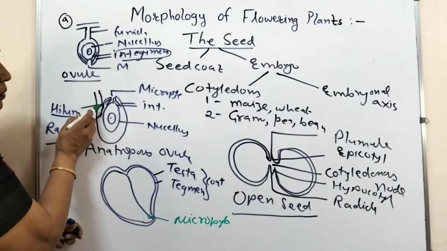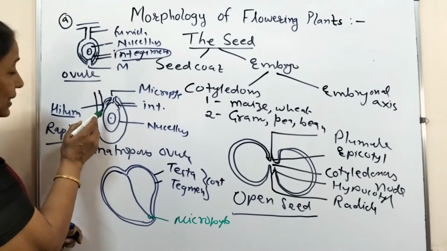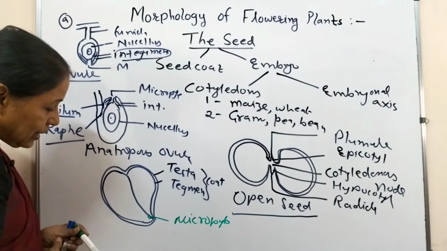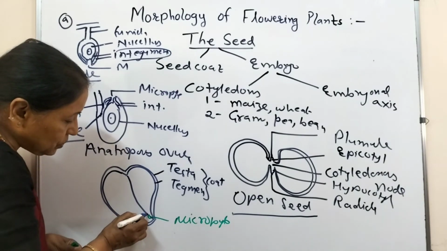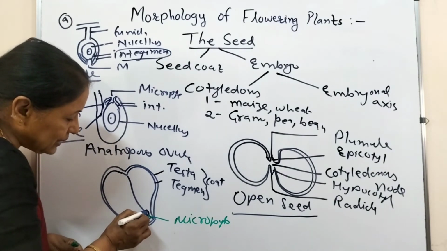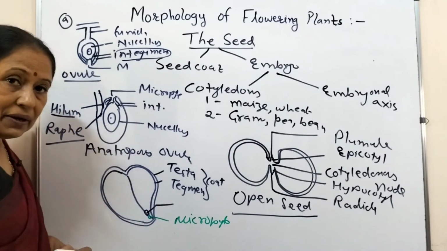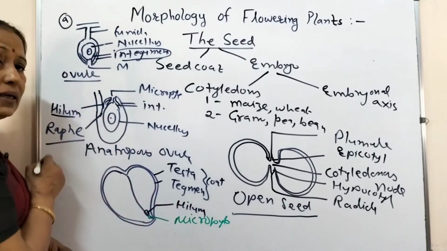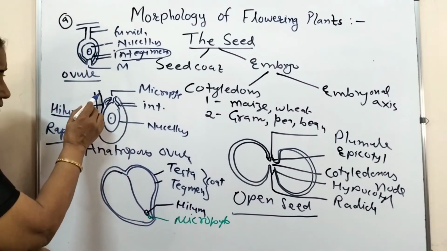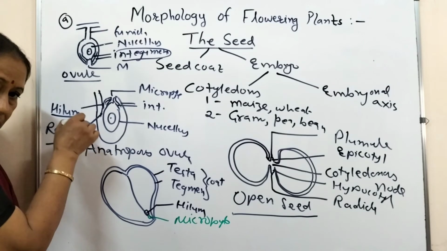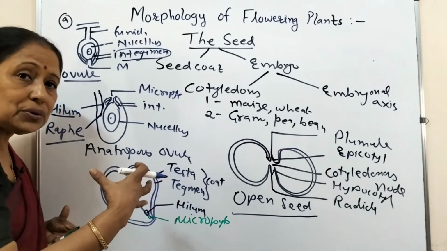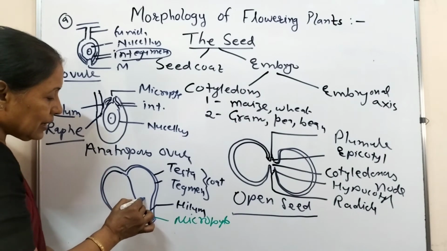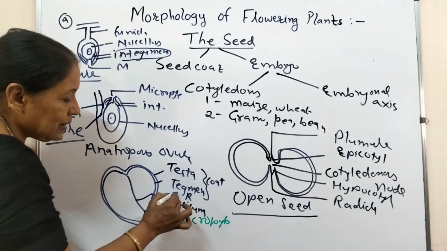Then here the body of the ovule is attached to funicle. So above this micropyle, here you show where it was attached with its funicle. So this is the hilum. And below the hilum is where the raphe has to be. It is the part of funicle below hilum which is attached to the body of the ovule. So this one is the raphe.